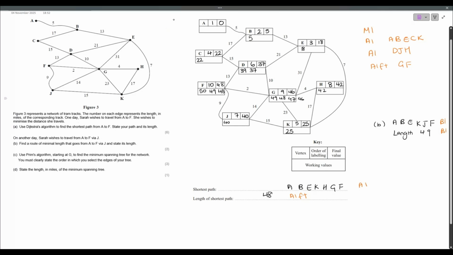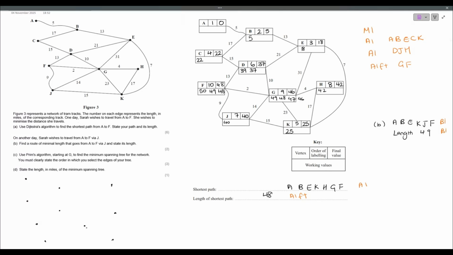Okay, next up, we're asked to perform Prim's algorithm starting at G to find a minimum spanning tree for the network. So to do this, I would draw the vertices out again. You could try performing Prim's algorithm on a distance matrix, but you'd have to set up a distance matrix.